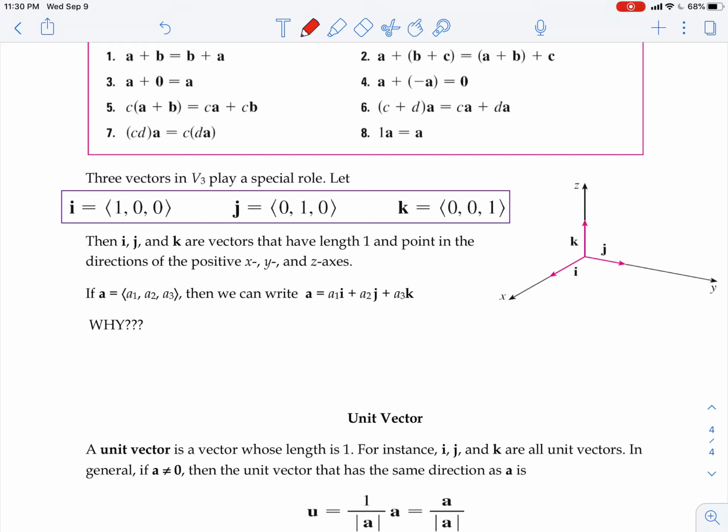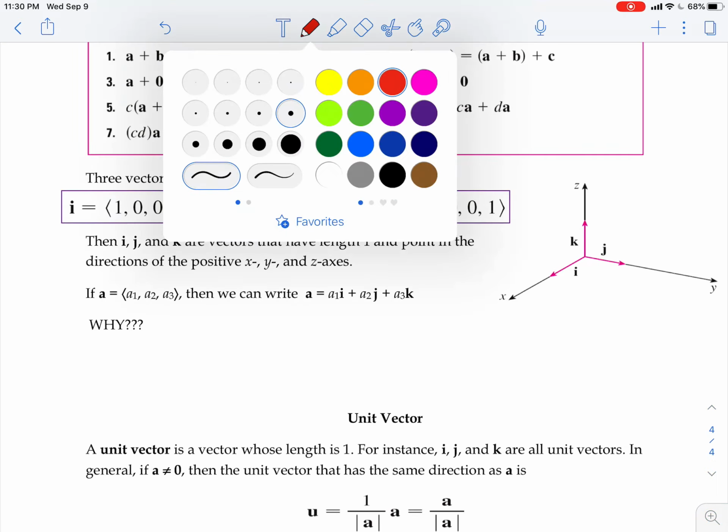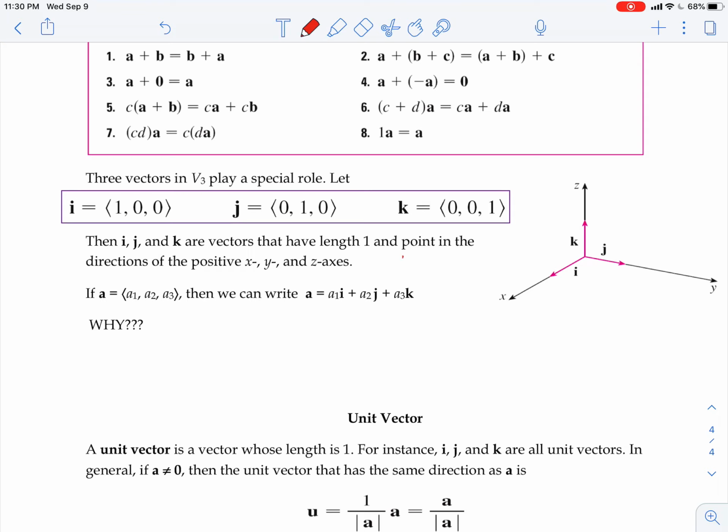So instead of writing our vectors like a, b, c, the standard basis vectors allow us to write vectors as ai plus bj plus ck, where both represent the same vector. So this was vector V, and that's also vector V.